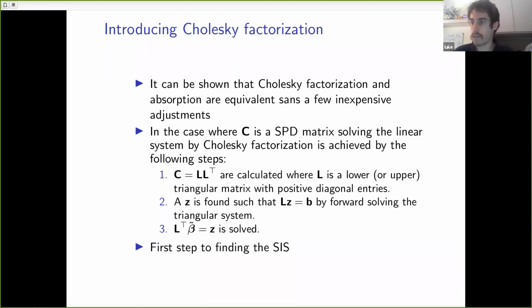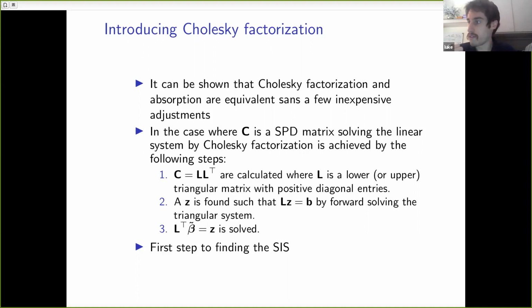It can be shown, and it was shown by me at a seminar I presented at UW a few years ago, that absorption and Cholesky factorization are essentially the same thing. To solve the MMEs, if C is symmetric positive definite, first one finds the Cholesky factor, which is essentially like a square root of the matrix.